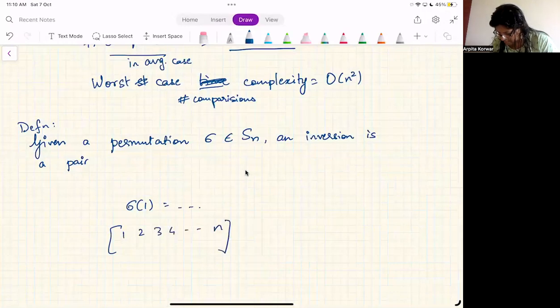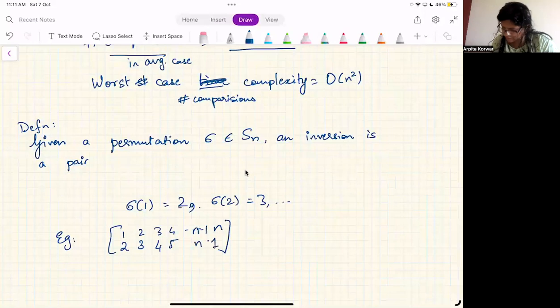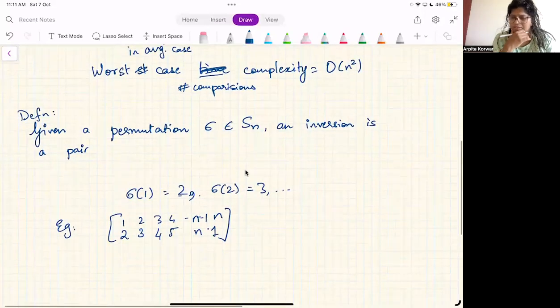I hope you remember this: 1 goes to, let's say 2, 2 goes to 3. So this is a cycle kind of permutation. This is an example. n minus 1 goes to n and n goes to 1. That is an example.